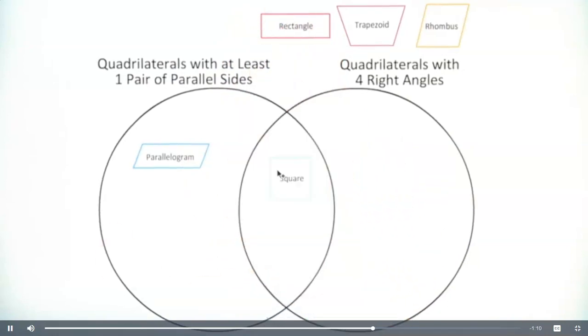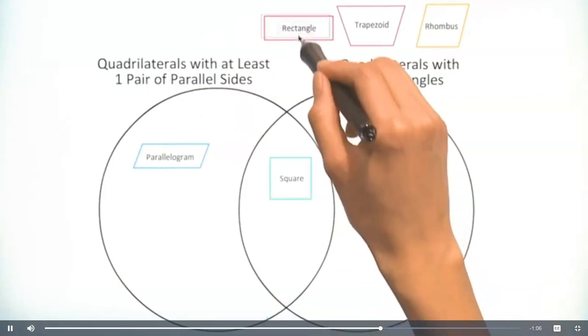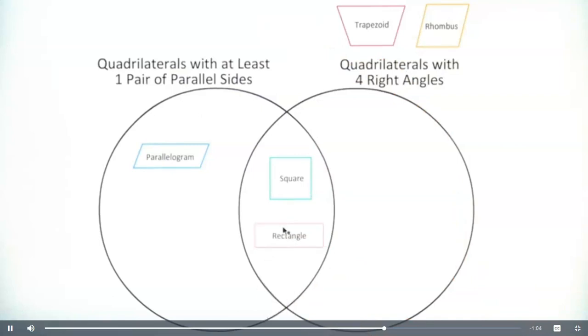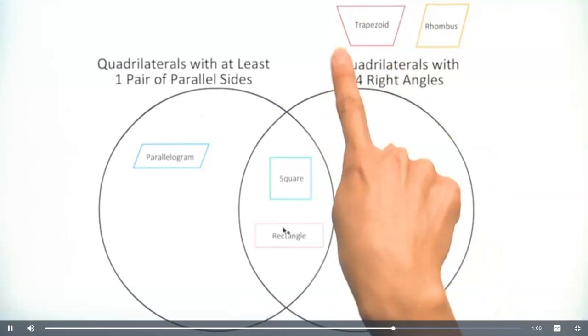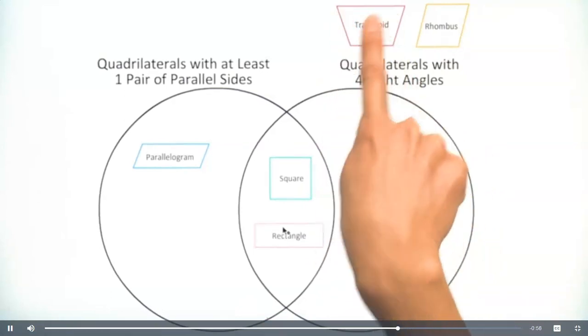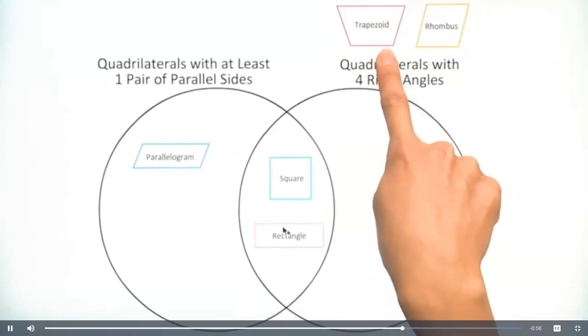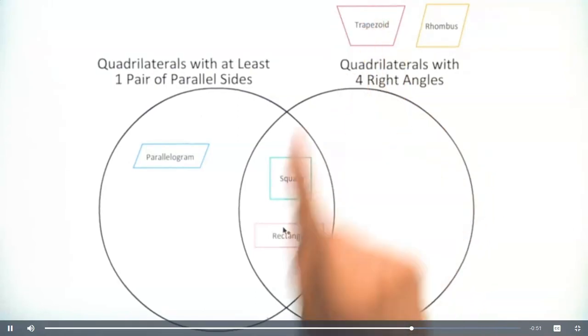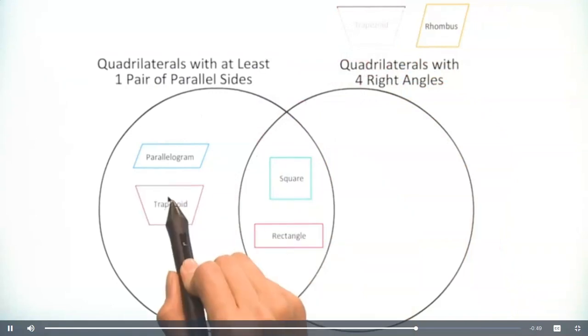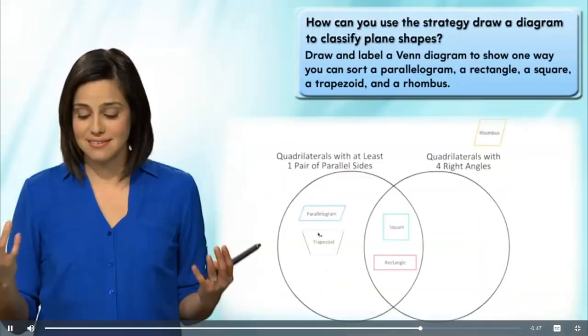Here we have the parallelogram. We'll look at these two sides. These are a pair of parallel sides, and so are these. So in fact, it has two. So it has at least one. Now, let's see if it has 4 right angles. Well, if we look at the angles, they're not right angles. So this one belongs here on this side. Next, we have the square.